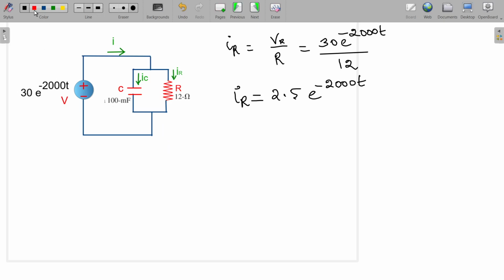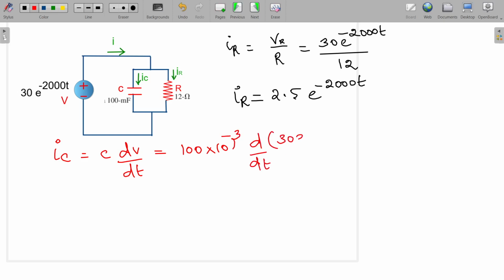Now the current through the capacitor, that we can calculate. IC is equal to C dV/dt, the formula. C value is 100 millifarad, so it is 100 times 10^(-3), times d/dt of this voltage, 30e^(-2000t). You can bring this 30 outside since it's a constant.